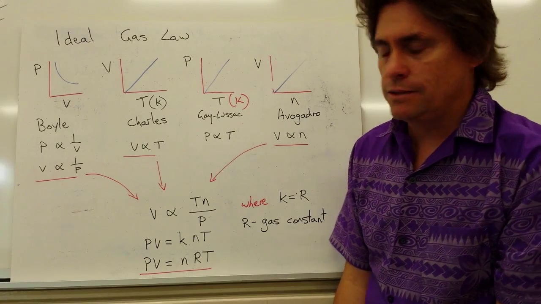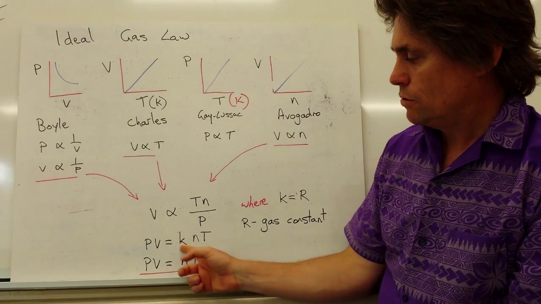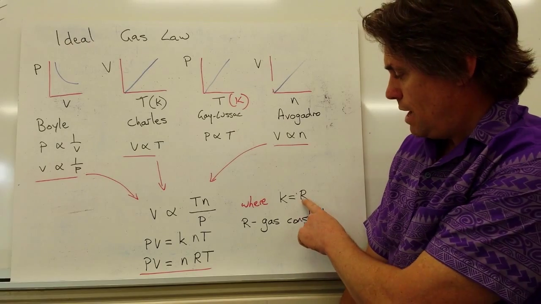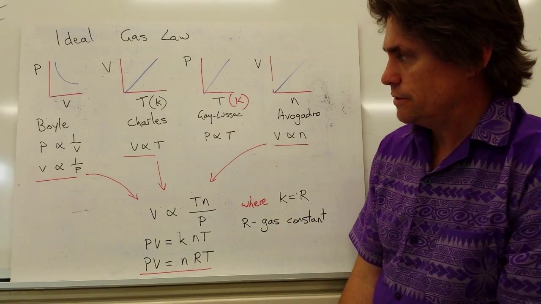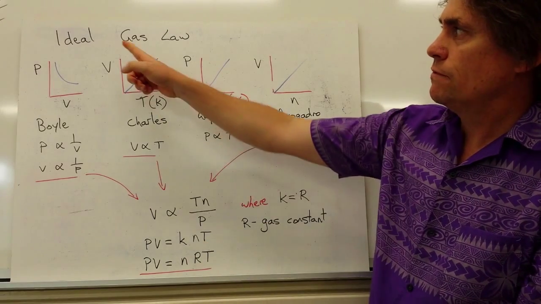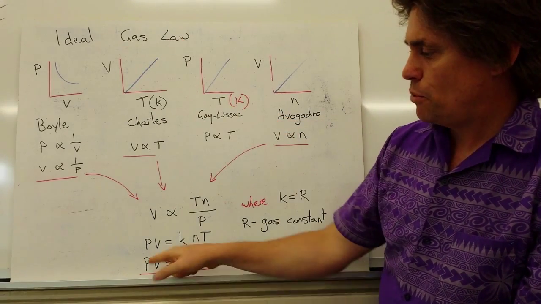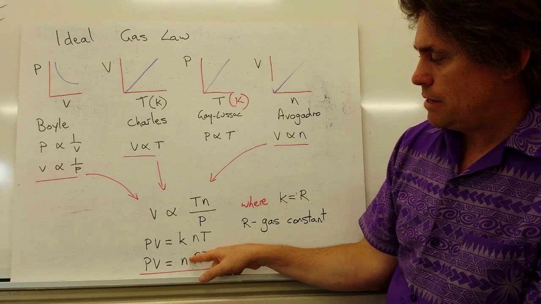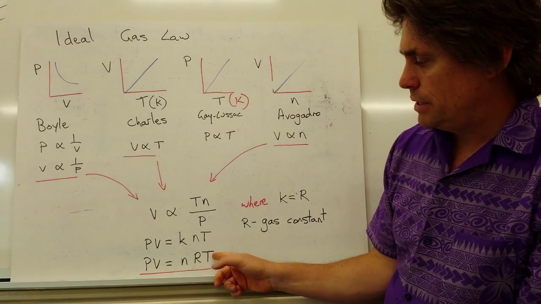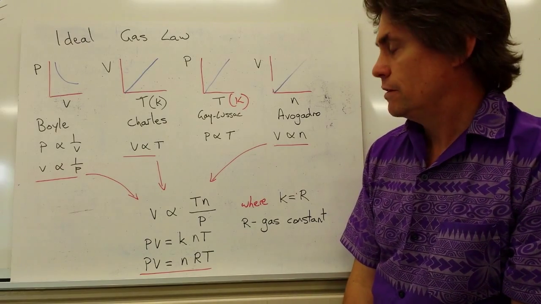And for our ideal gas, we substitute our constant K for R, and we call this our gas constant. So our derived equation for an ideal gas is pressure times volume is equal to the number of moles times our gas law constant times our temperature in Kelvin.